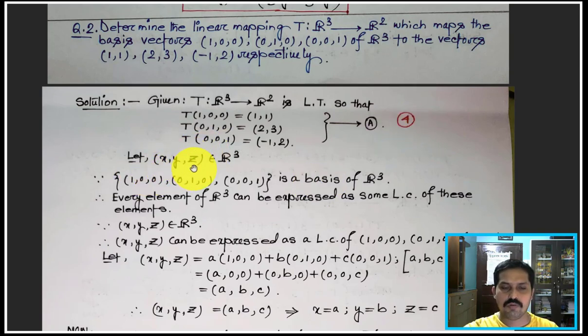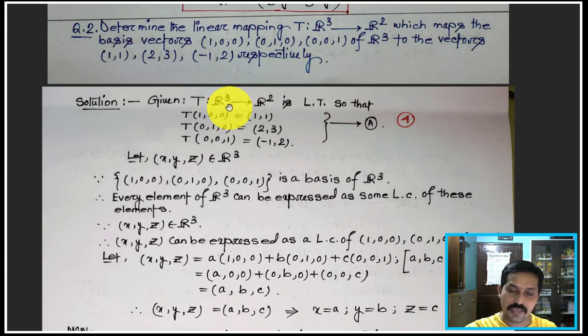Let (x, y, z) belong to R3. Since (1,0,0), (0,1,0), (0,0,1) is a basis of R3, basis means these elements are linearly independent, and by taking linear combinations of these three elements in different ways we can easily generate all the elements of R3.